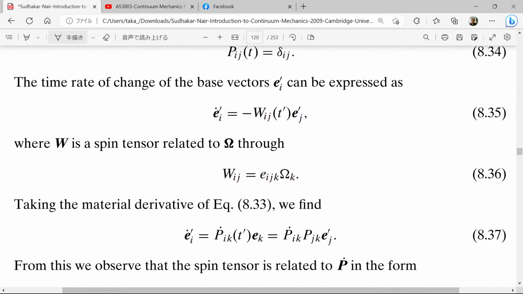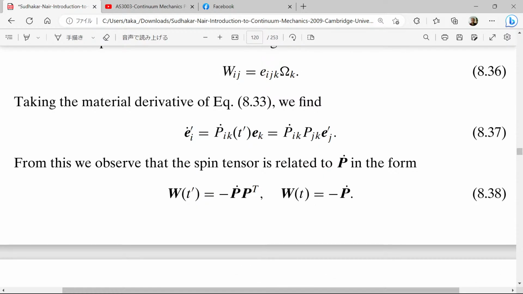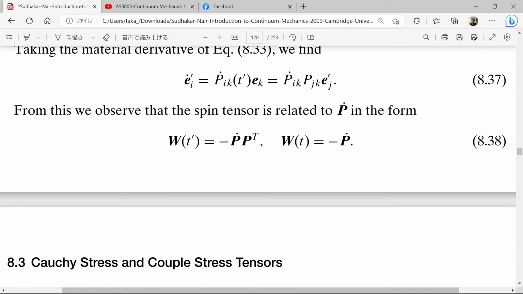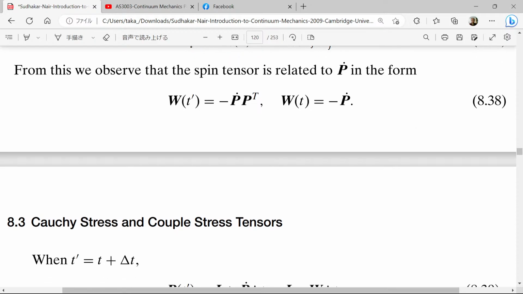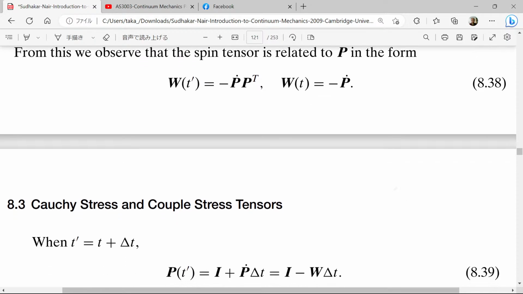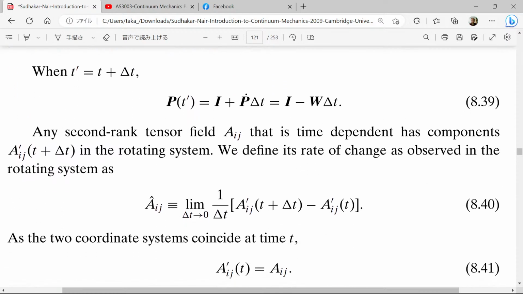The time rate of change of the base vectors e_i' can be expressed as something like this, where W is the spin tensor. We find this. From this, we observe that the spin tensor is related to P dot in the form, when t' equals t plus delta t, something like that.